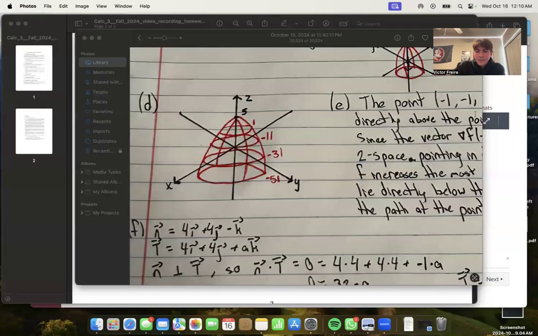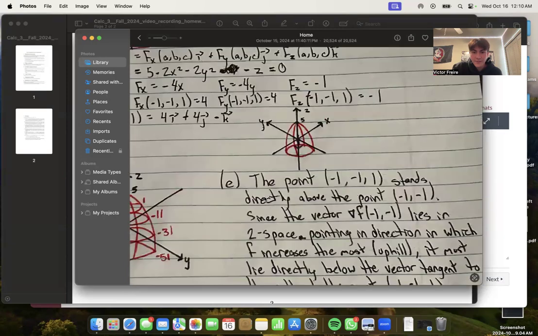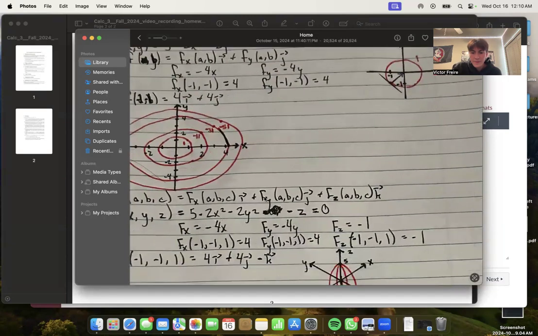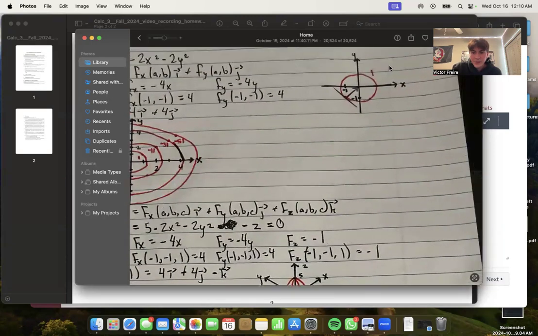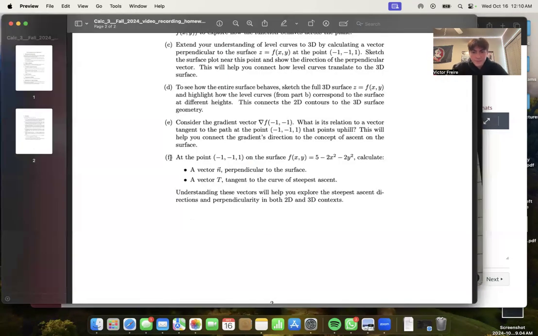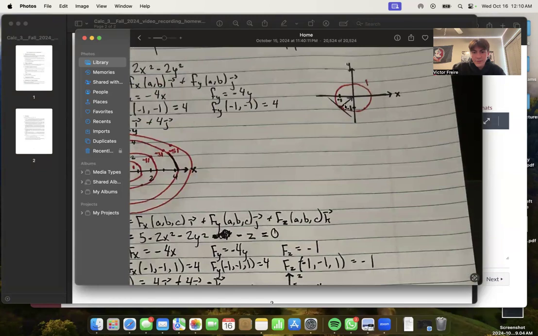All right. So essentially what I wrote here is that the point -1, -1, 1 is standing directly above the point -1, -1, right? Let's see if I drew it here. It's hard to see. Yeah, so here is the gradient vector of f at -1, -1.